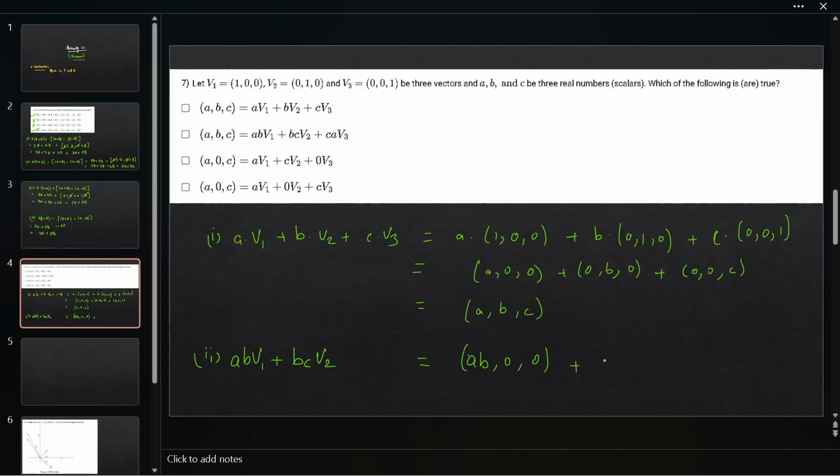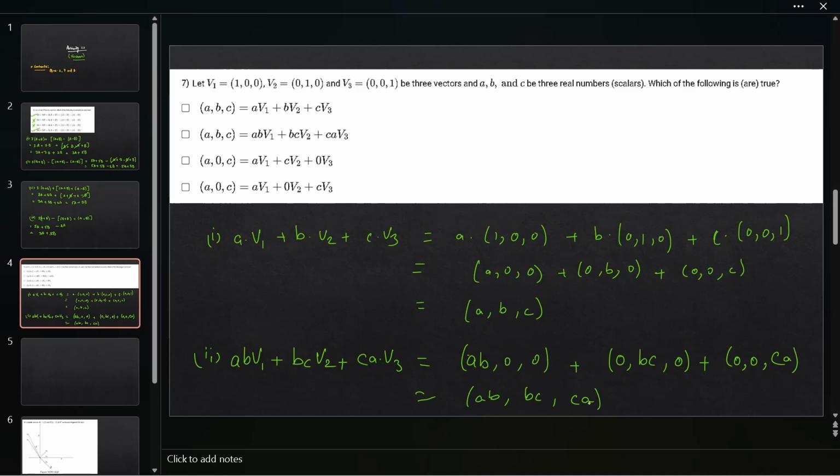In V2 we saw the change would get reflected in the second component and the rest of the components will remain 0. Plus CA times V3, so plus 0, 0, CA. In V3 the change would be reflected only in the last term. So overall, if we take the vector addition, it would be AB, BC, CA.